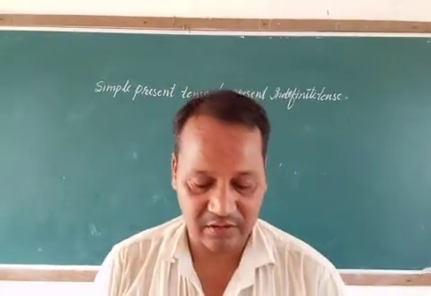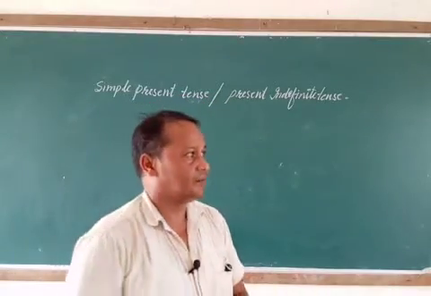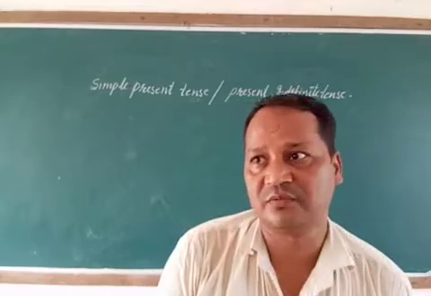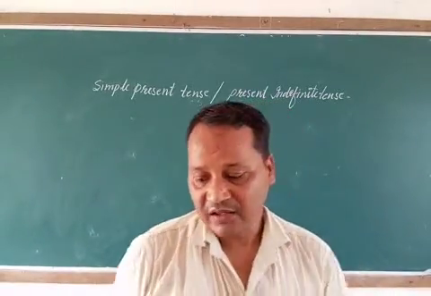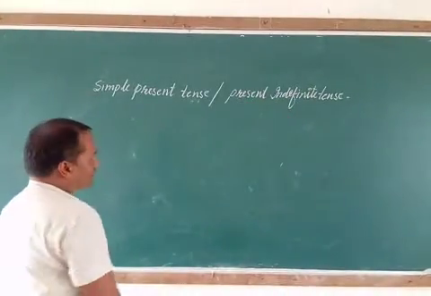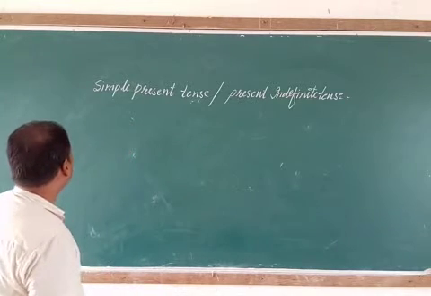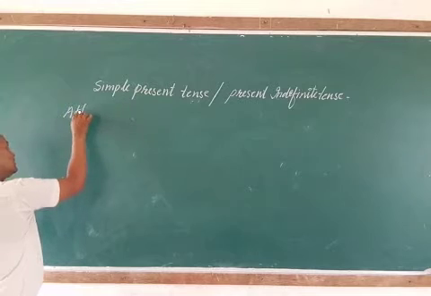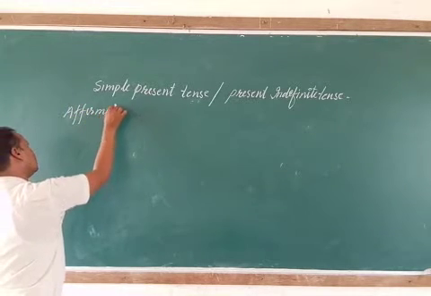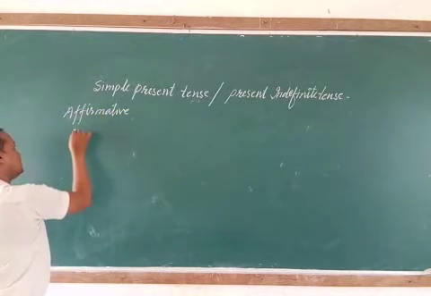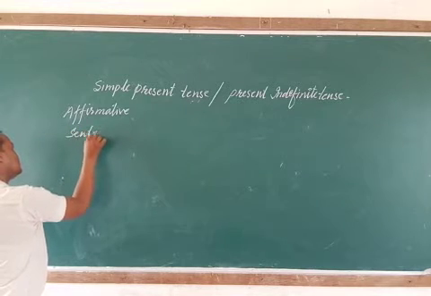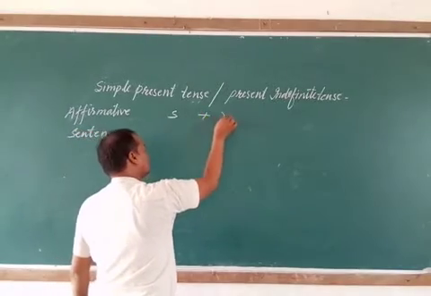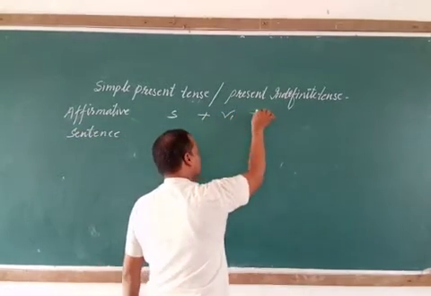So first we will see the structure of this sentence, means the order of the words which comes in this sentence. So first we will look in terms of affirmative sentence, and the structure is subject plus verb, first form plus object.